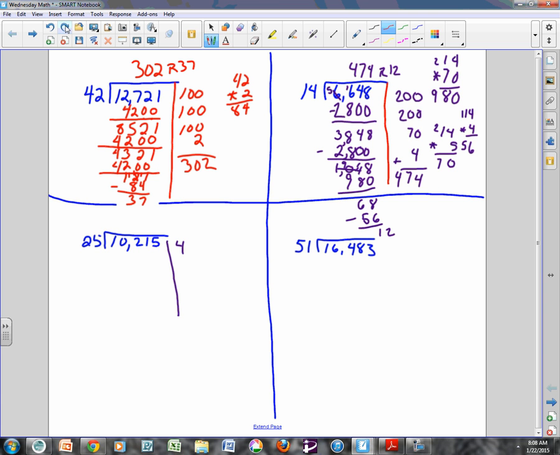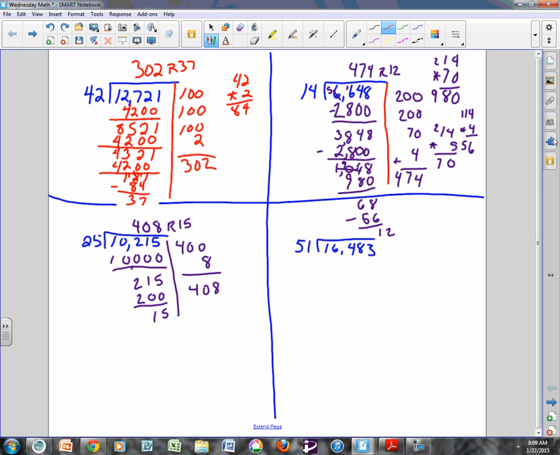But then when I wrote it down, there's my 100. I knew I could fill in 2 more spots and make it 400. And then when I subtracted, I get 215 left over. And that's an easy problem because 8 times 25 is 200, and then I have 15 as my remainder.